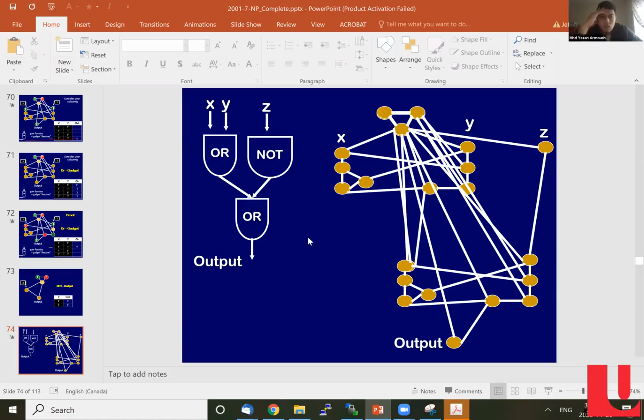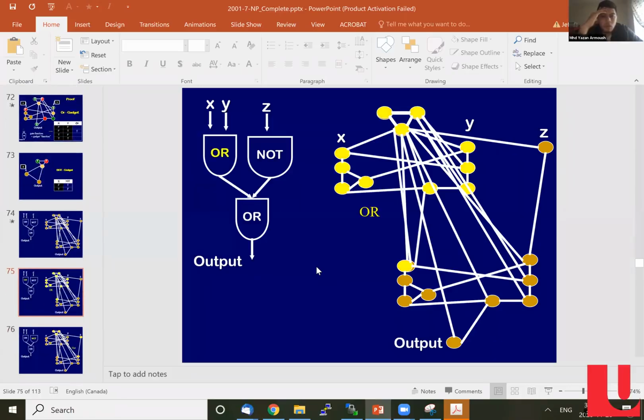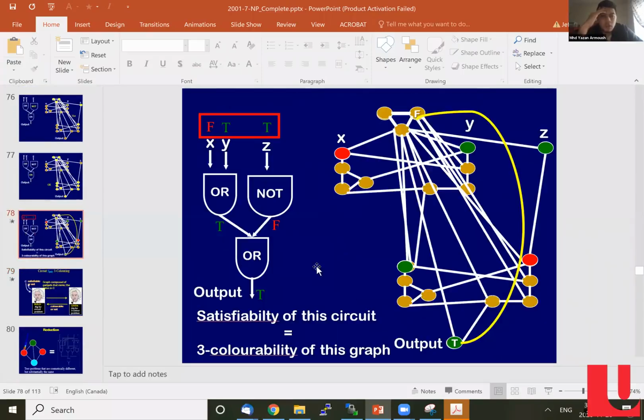Sir, I have a question. I understand that when you change the colors to red and green, you say this is true and this is false. I have a suggestion: why don't we also change the color of the lines? Then it will be visually easier to see where the lines are connected. No, the lines don't have colors. The lines need to be bichromatic.